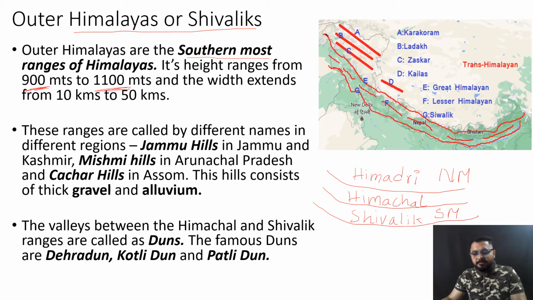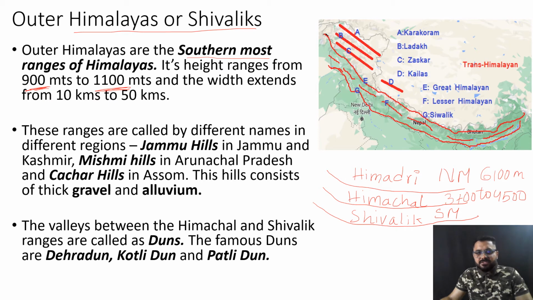So if we talk about the height of mountains in Himadri, it is on an average about 6,100 meters. And if we talk about the mountain peaks in Himachal, it is decreasing to 3,700 meters to 4,500 meters.